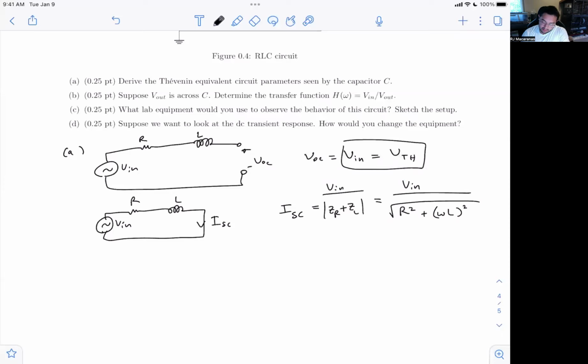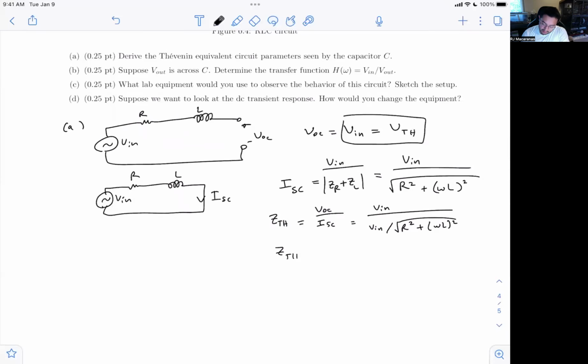And that's going to give us our I short circuit, and then our Thevenin impedance is V open circuit divided by I short circuit, which is V in divided by the quantity V in divided by the square root of R squared plus omega L squared, which gave us a Thevenin impedance of the square root of R squared plus omega L squared. This is actually the magnitude of our Thevenin impedance.